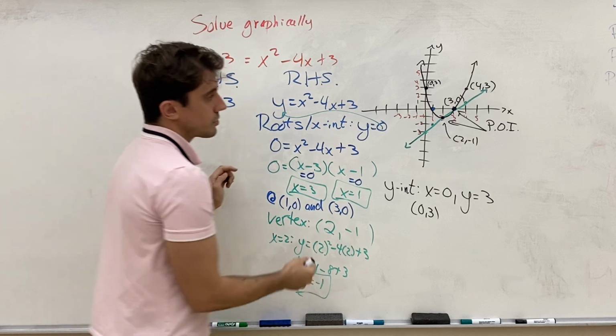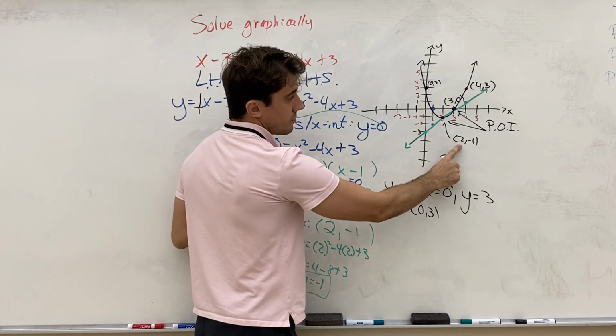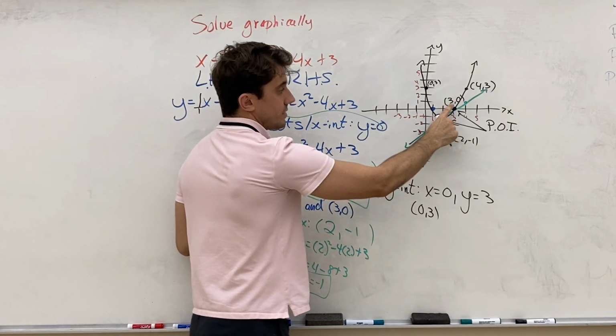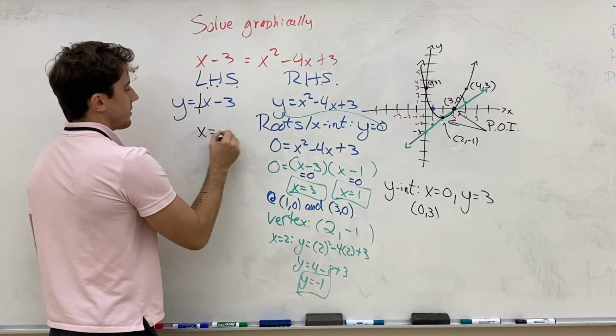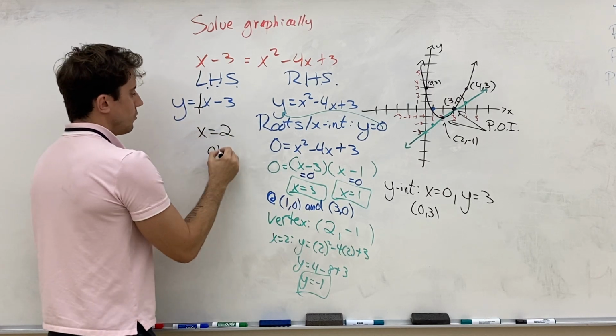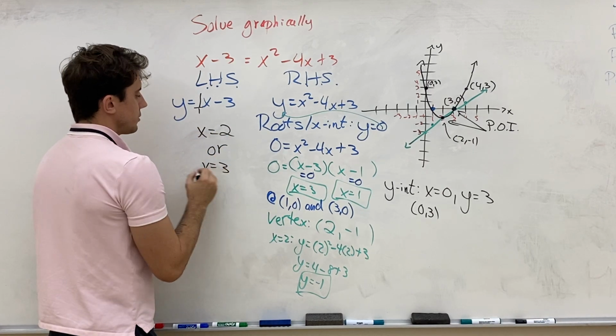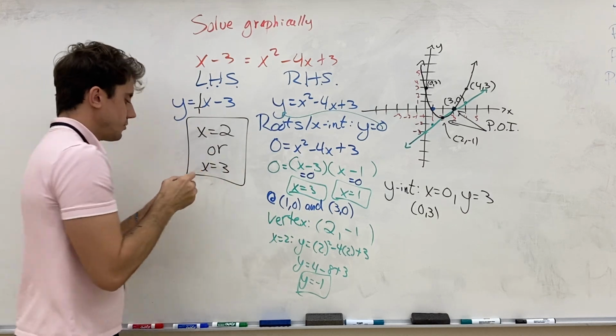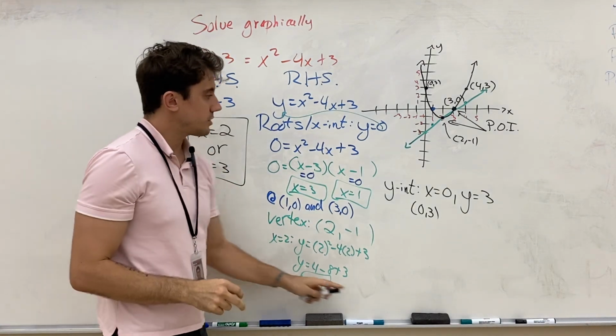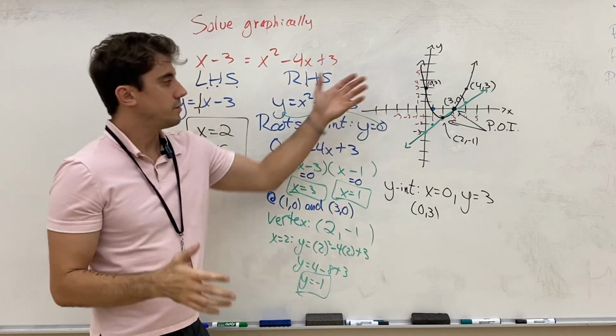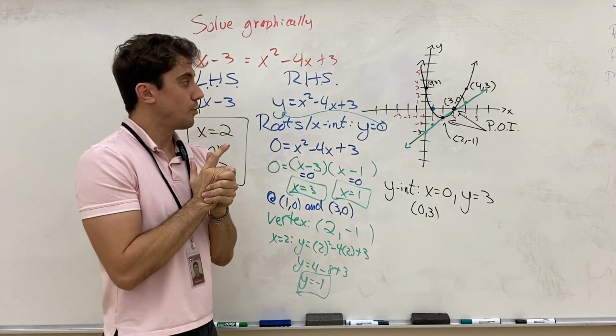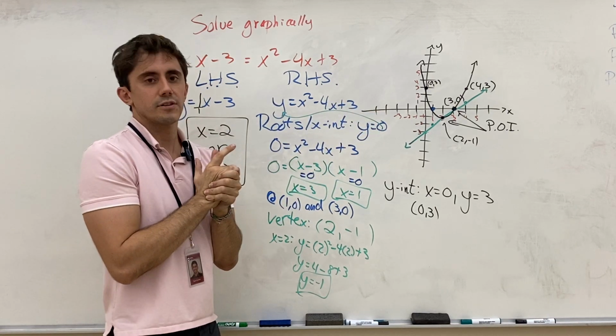So our 2 solutions are going to be x is equal to 2 from this point, and x is equal to 3 from that point, and so we can write that out: x is equal to 2, or x is equal to 3. Those are our 2 and only 2 solutions. And we found that by finding the points of intersection between the 2 curves graphically.